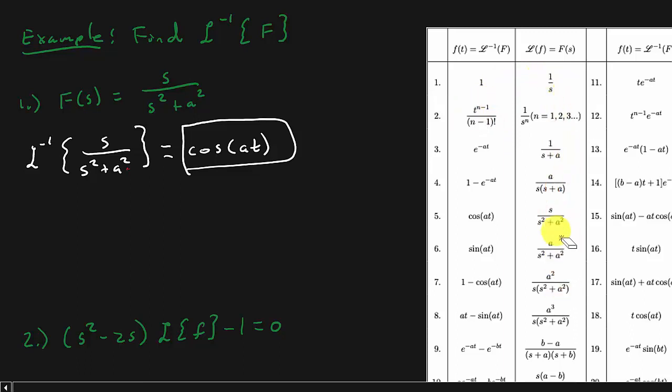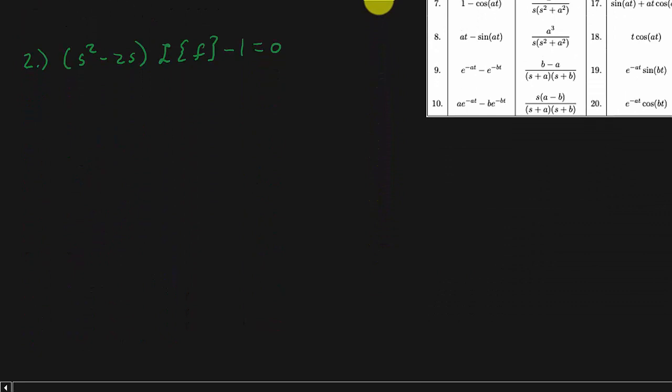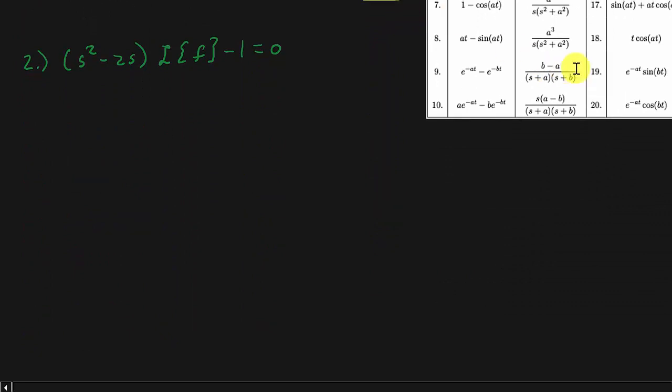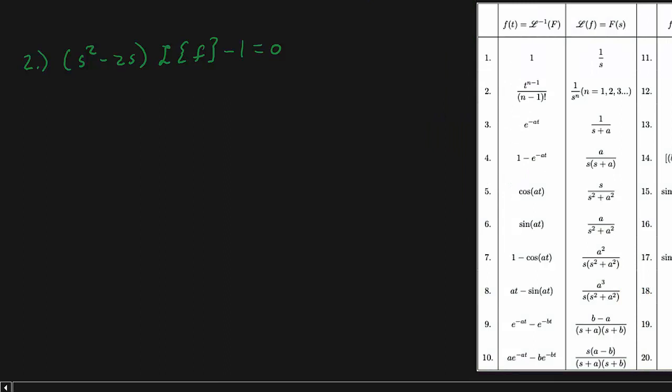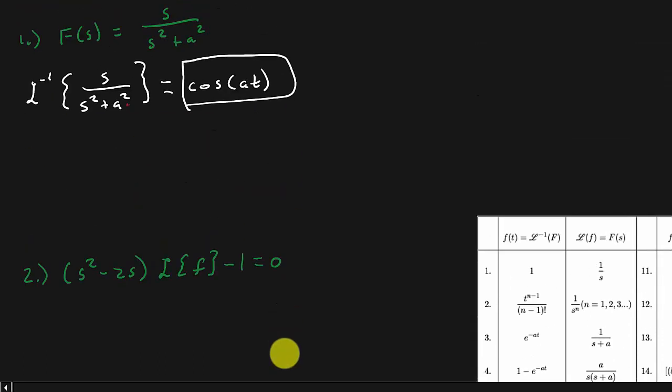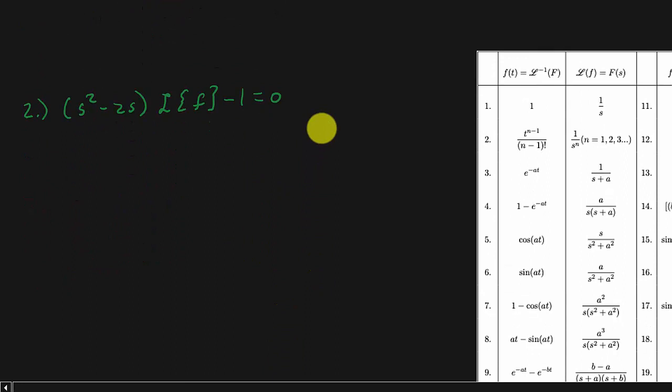All right. Now let's come to some that might be a little more challenging, but not too bad. All right, so this one is just like this one. Find the Laplace transform of this. For this one, they're just writing the problem in a little bit different way.